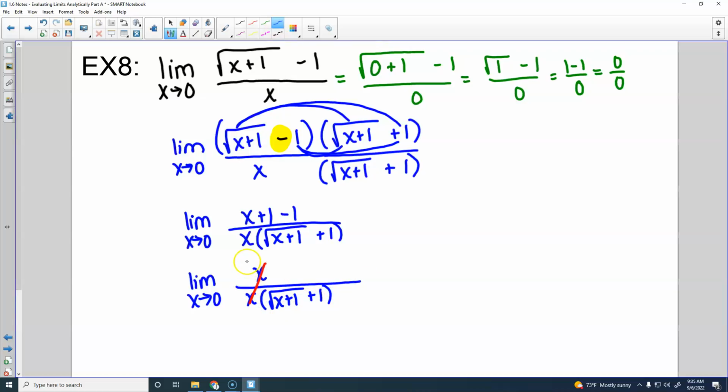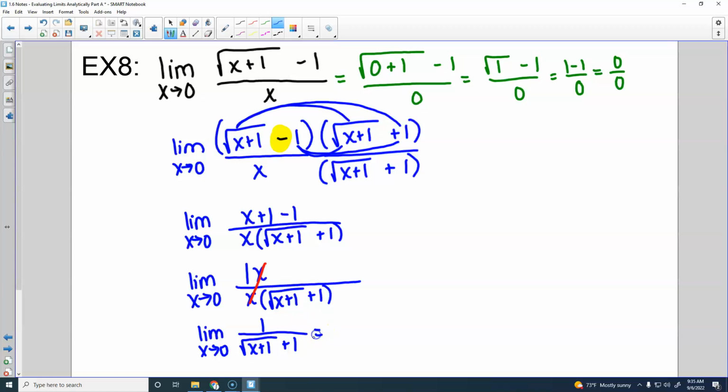What do we put in the top? There's nothing left, so what should we put there? We're going to put just a 1. It's like, that's a 1x, so that 1 stays in the numerator. So now we're down to limit as x approaches 0 of 1 over square root of x plus 1 plus 1. And once you have canceled a value that has x's in it, it should, in most cases, now be okay to plug that number in.